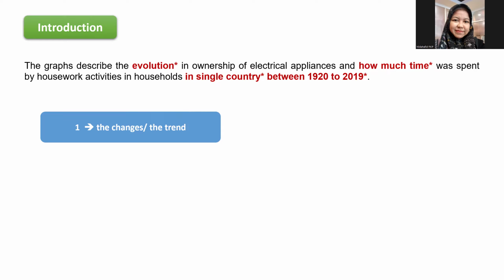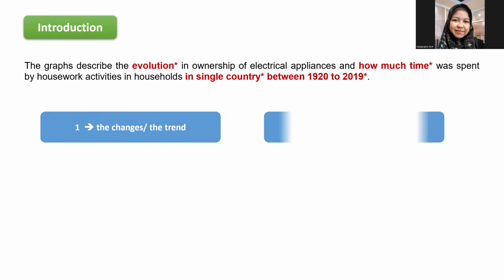So it would be better if you change evolution into the changes or the trends. So the graphs describe the changes in ownership, blah, blah, blah. Because evolution is kind of heavy and unnatural.